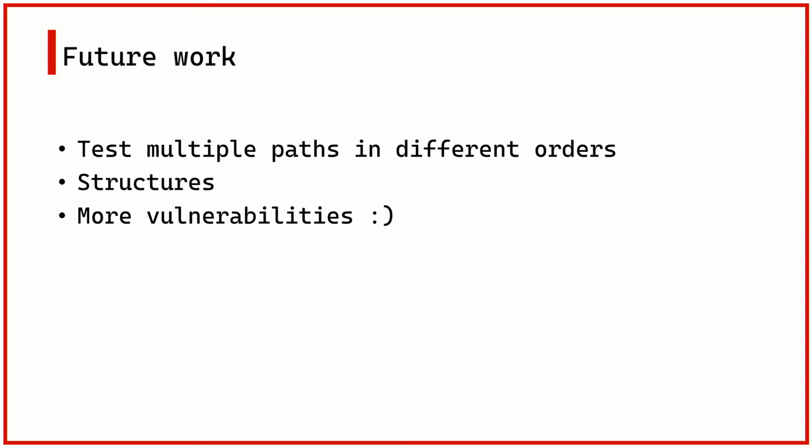Future work contains testing multiple paths, because now we still have an order where we kind of sort it, but we also want to test different kinds of orders to see if that will lead to other results. And also structures within RPC are a thing that are more complex, and generating the right structure for the input parameter is something that I need to work on, because a lot of procedures take a structure as input parameter.